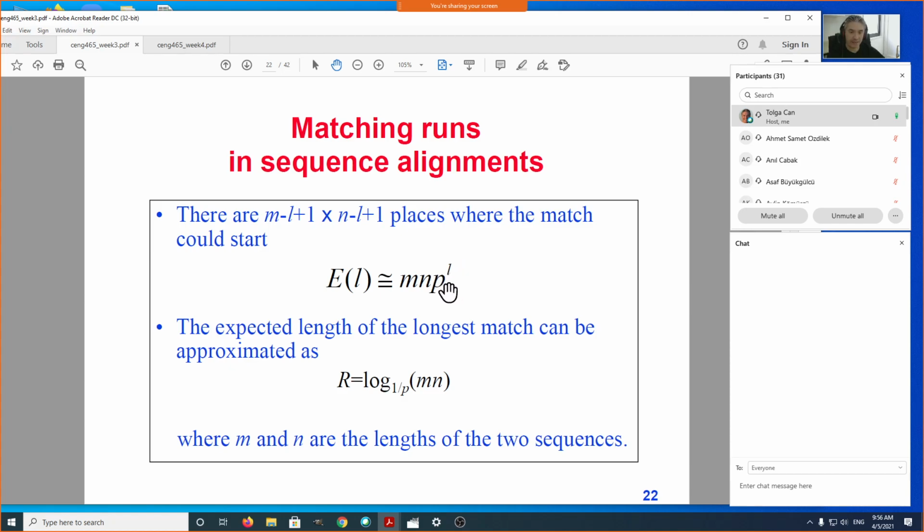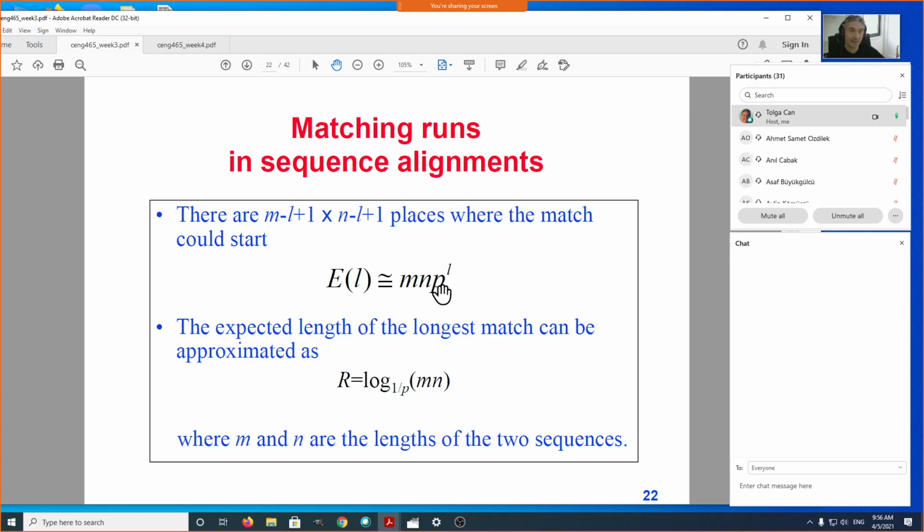In case of DNA sequences, P here is 0.25 or 1/4, if each of the DNA nucleotides is equally probable. And in the case of protein sequences, it's 1/20, but we know that it's not that simple for proteins.